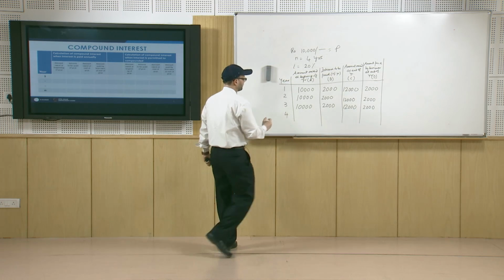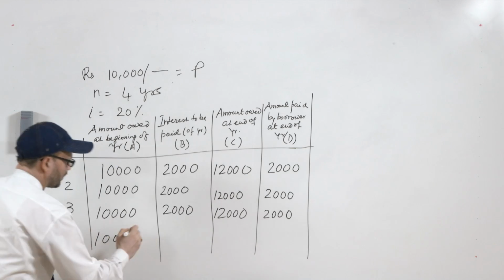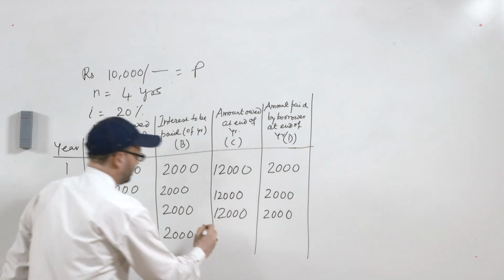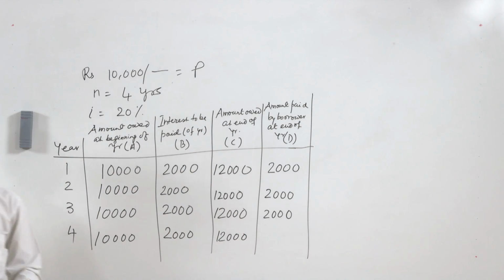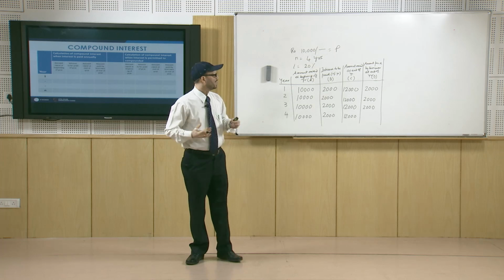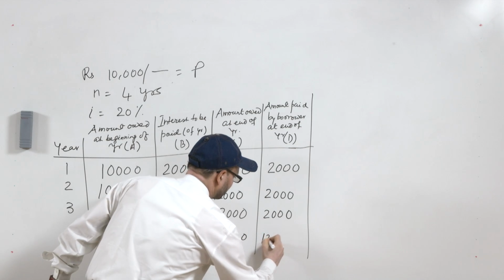In the fourth year he has 10,000, 2,000 is the interest, so it comes out to be 12,000, and at the fourth year end he has to pay the complete amount, that is the amount he owes towards the end of the period, so it is 12,000.